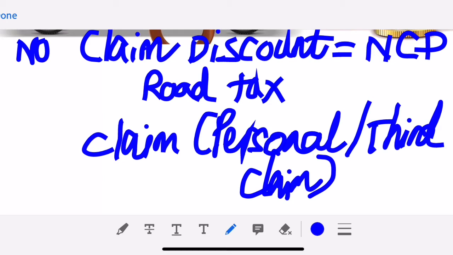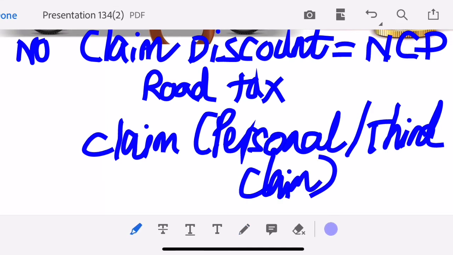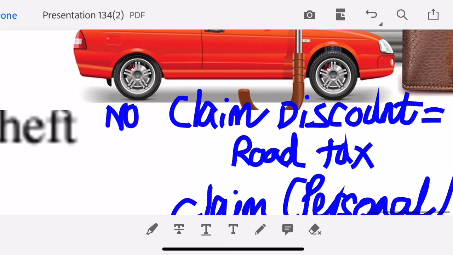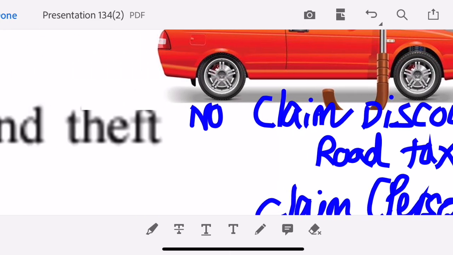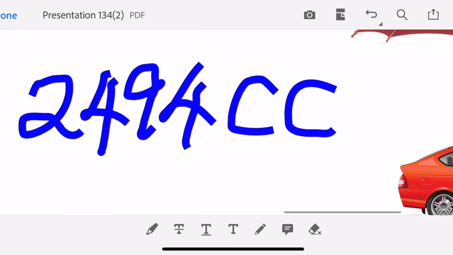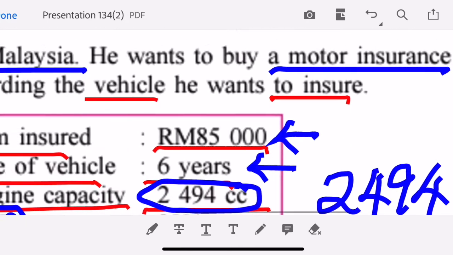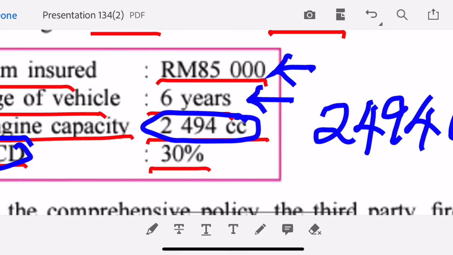So it's good that we as drivers maintain a very good and careful driving record, so that there won't be any accident and there won't be any claim. Then we will be entitled to the no claim discount. That is how insurance is actually good, because it teaches a driver to drive carefully in order to pay less for the premium, right?